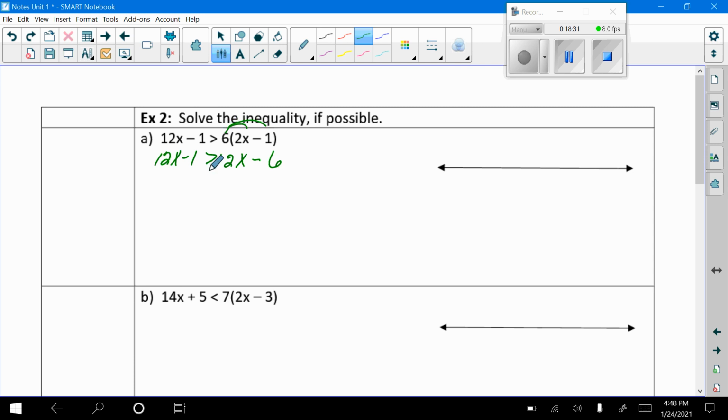So this one, I line down the middle. I'm going to take away 12x from both sides. And I end up with negative 1 is greater than negative 6. Now, it all canceled out. So my variables canceled.